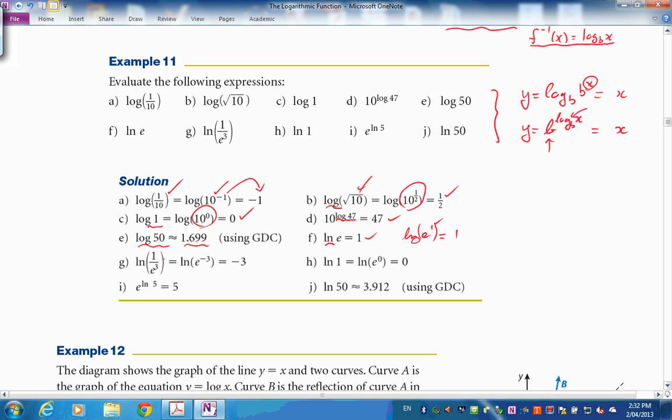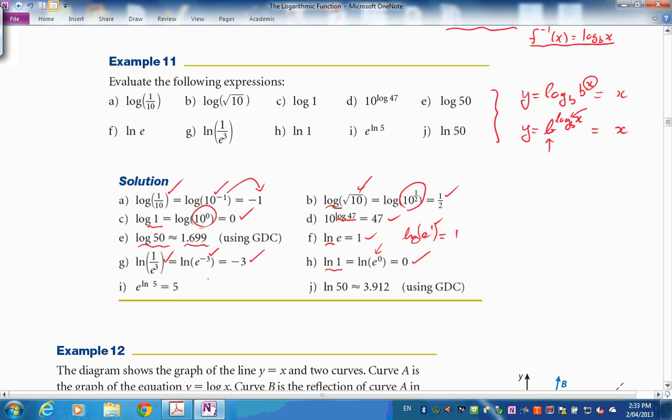Log to the base e of 1 on e cubed is log to the base e of e to the neg 3. By definition, that's got to be the required power of e. Again, log to the base e of 1. Let's write 1 as a power of the base, it's e to the 0. Therefore, what is the power? We raise e to 0 to get 1, it's 0.